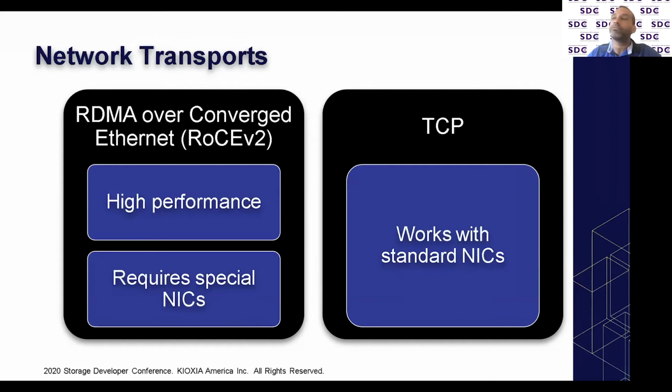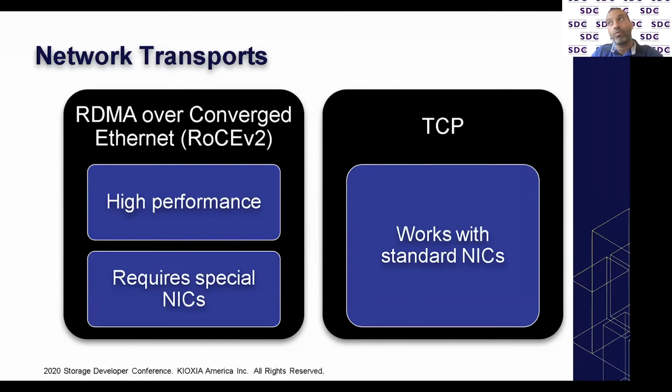Leverage the pre-existing technologies, Ethernet, TCP, and just carry your NVMe over fabric commands from one node to other node. However, TCP is not optimized to carry a remote direct memory access kind of protocol, which is what RoCE version 2 is optimized for.